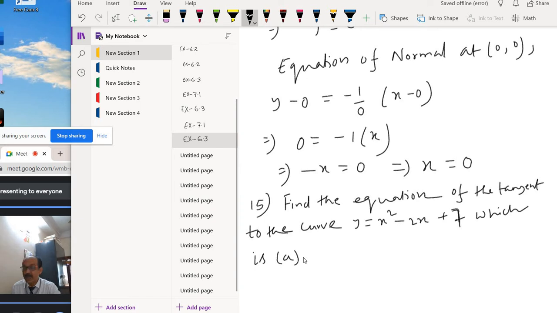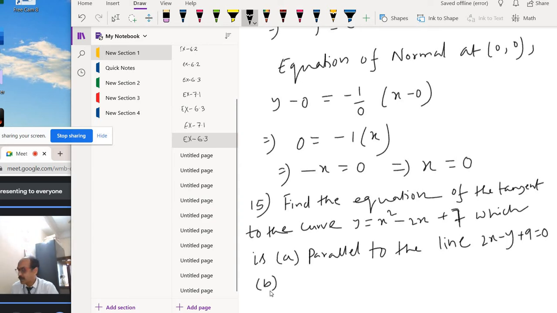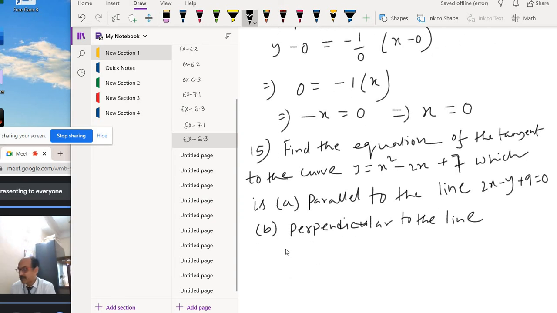first part is parallel to the line 2x minus y plus 9 equal to 0 and perpendicular to the line 5x minus 5y minus 15x equal to 13.